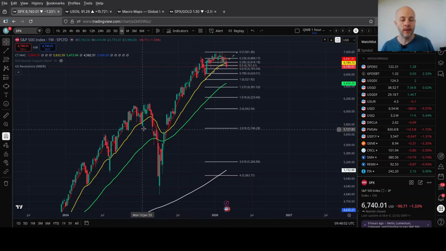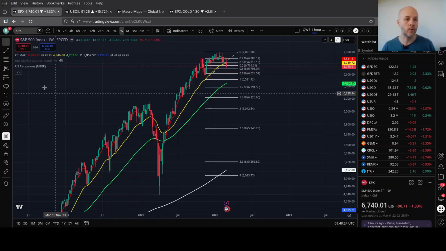And maybe it does something like this, right? Last year, it started topping out, came down, got down to this region, then came back up, created a higher high, then it toppled over. So maybe something similar can happen, or maybe it continues to run for several weeks more.